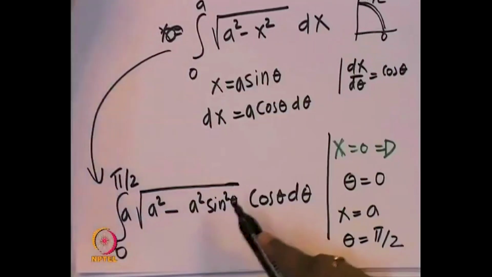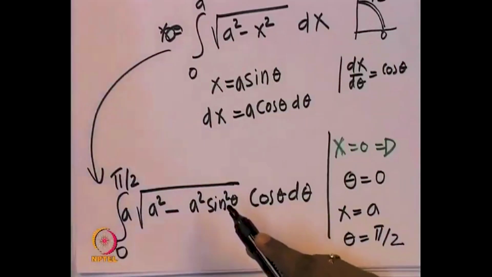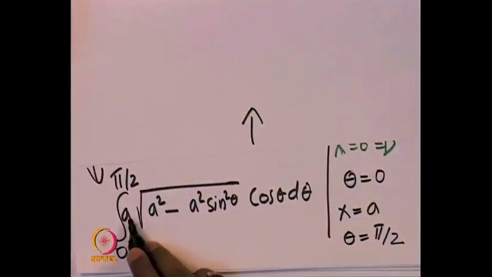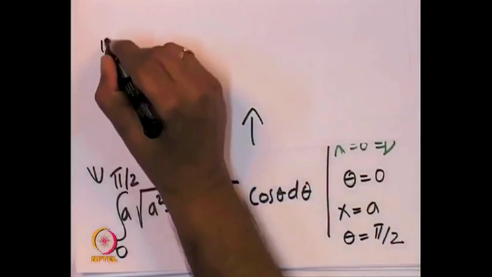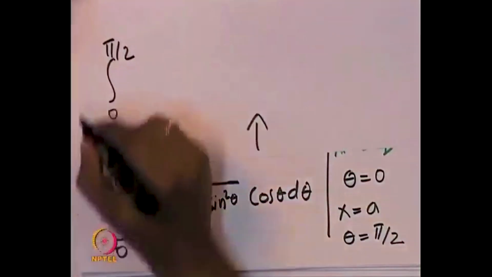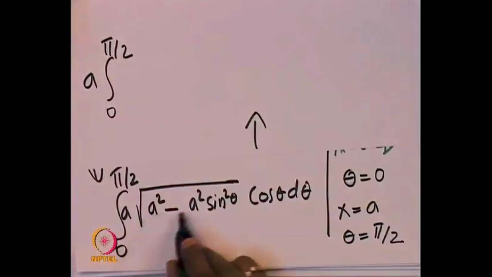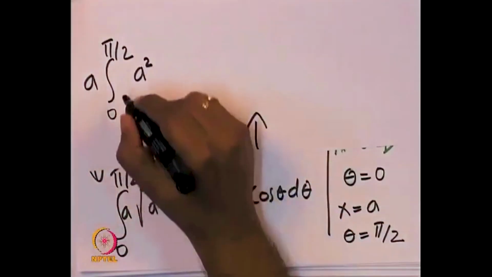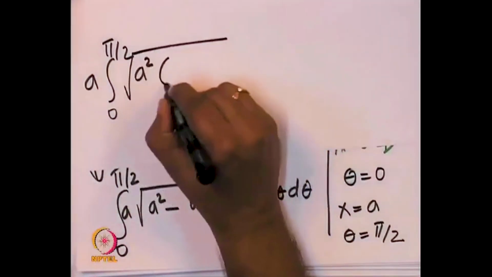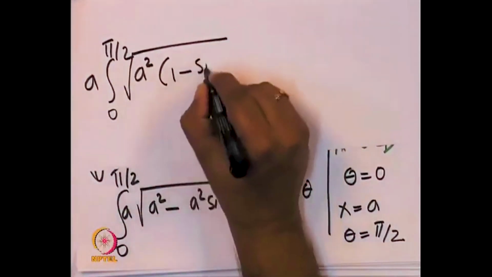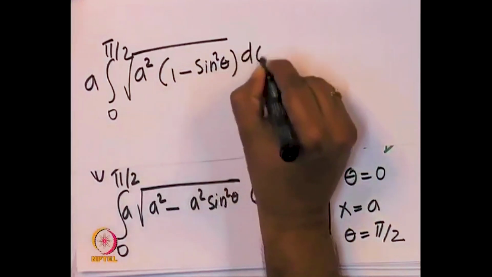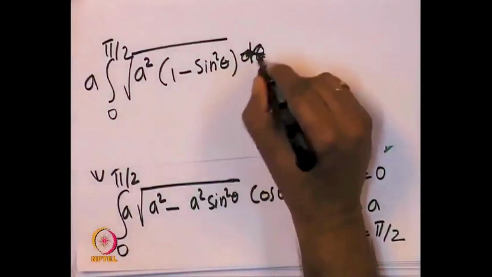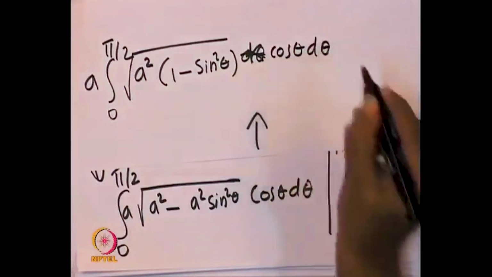So, if I rewrite this, I have 0 to pi by 2, with this a which I am taking out, and a square, root of 1 minus sin square theta, times cos theta d theta.